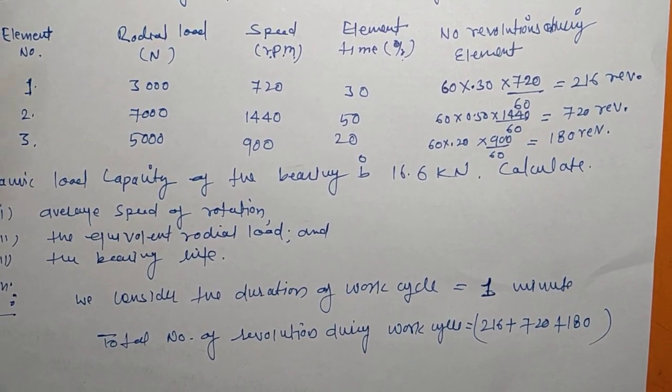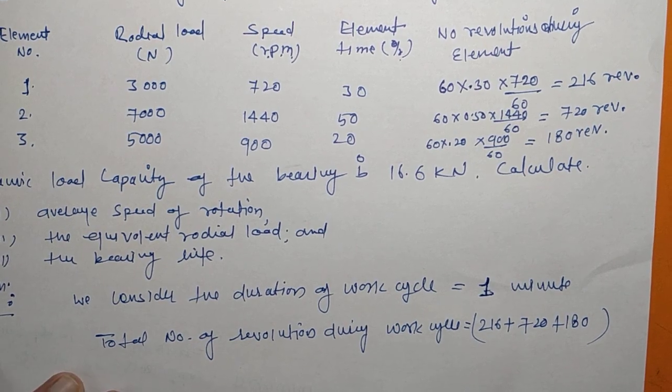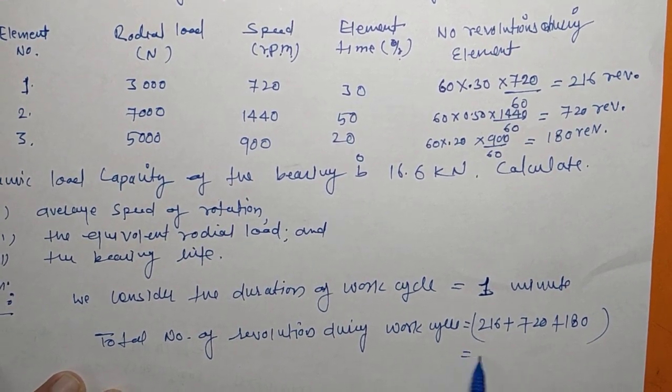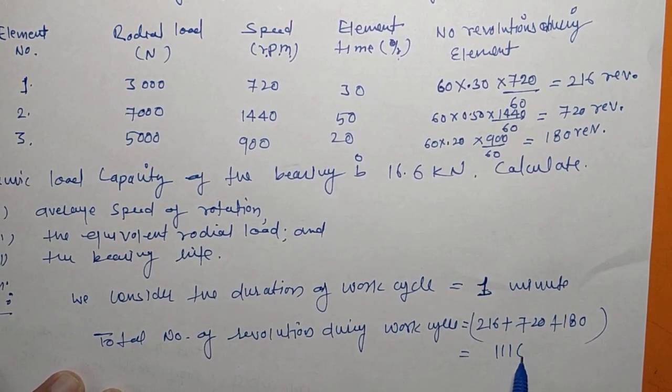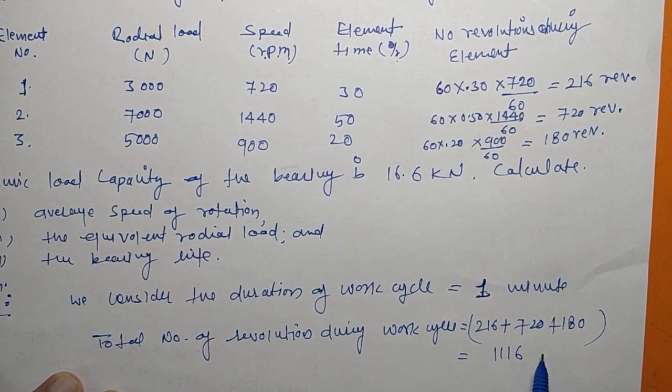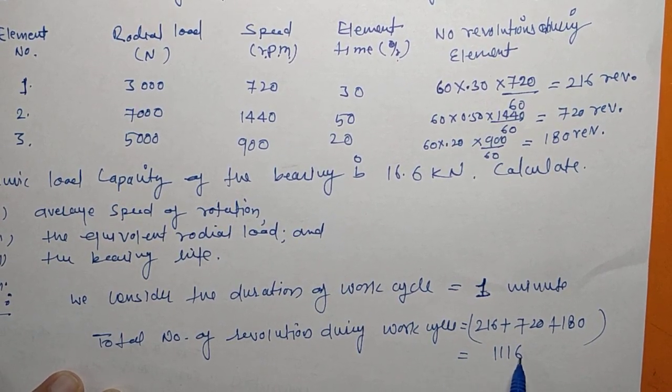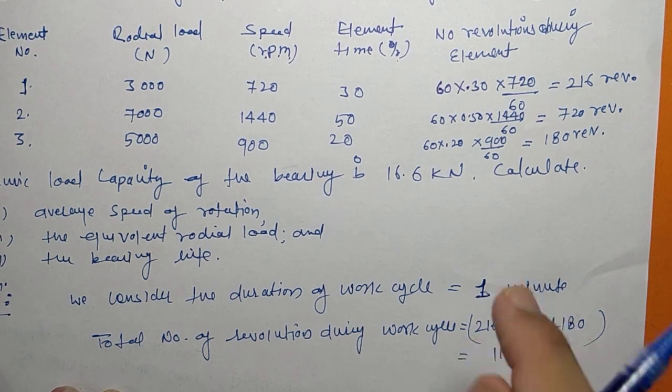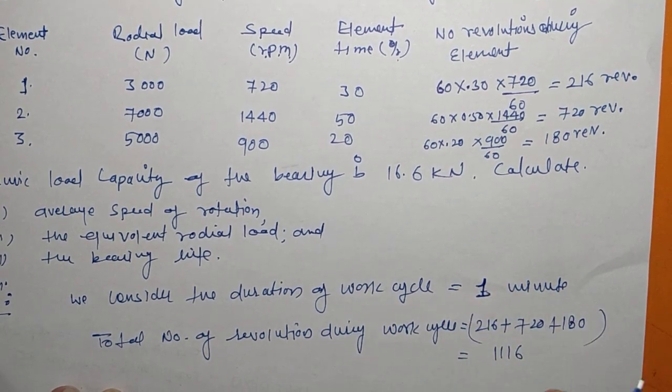If we add these all, this would be 1116 revolutions within one work cycle, and one work cycle was 1 minute.